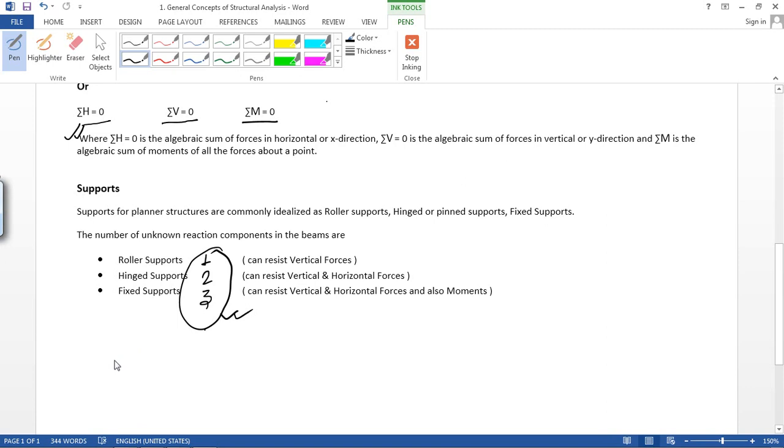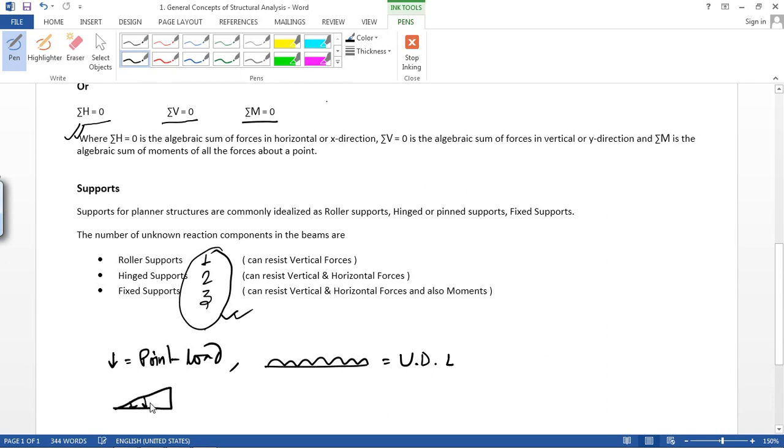I will give about the loads also. It is the point load. It is UDL, means uniformly distributed load.